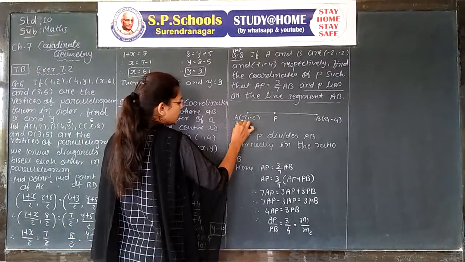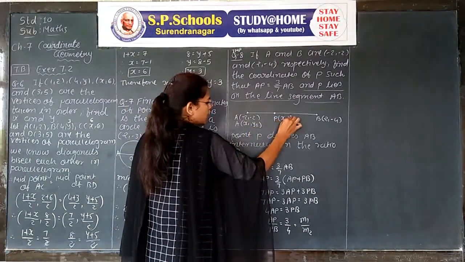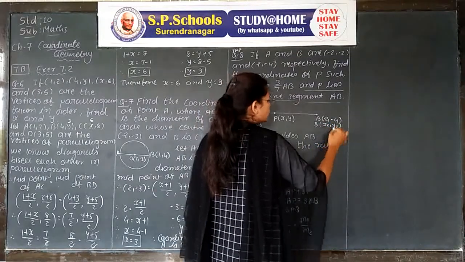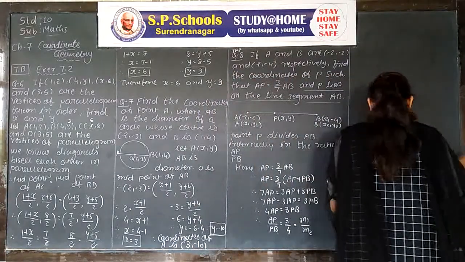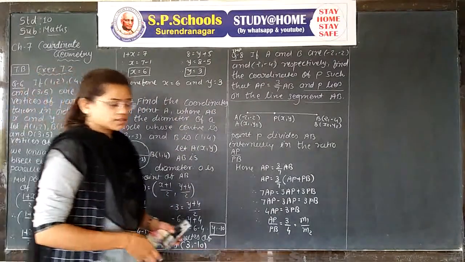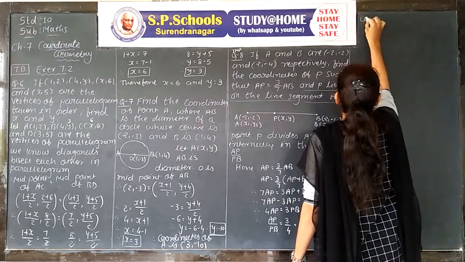The coordinates of A are x1, y1, point P is x, y and B is x2, y2. To find the coordinates of point P, we use the section formula in the form of m1 and m2.